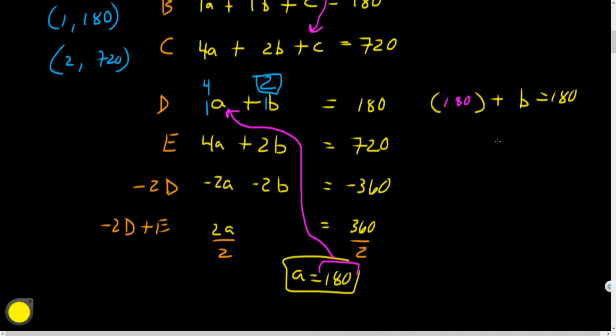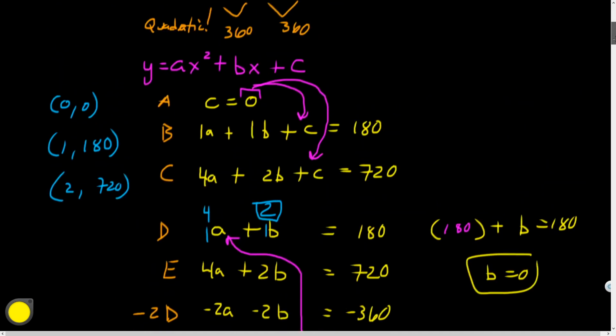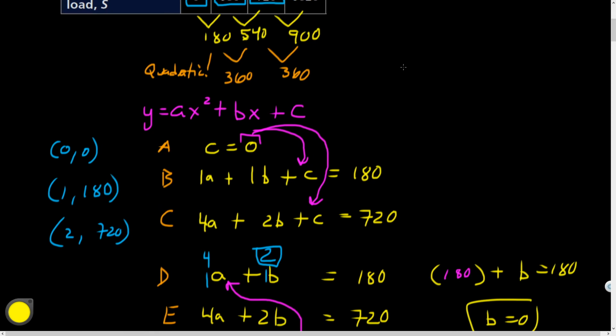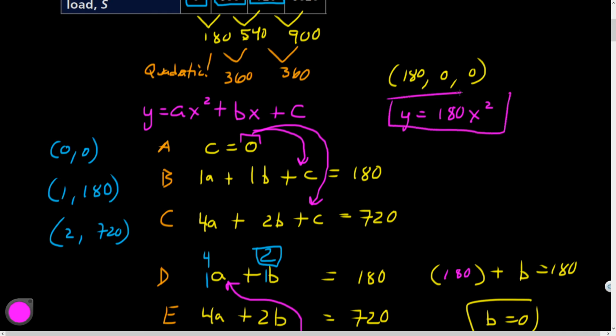Subtract 180 from both sides, and you just get b equals 0. So a was 180, b was 0, and c was 0. The function is y equals 180x squared plus 0x plus 0. And right there is my function.